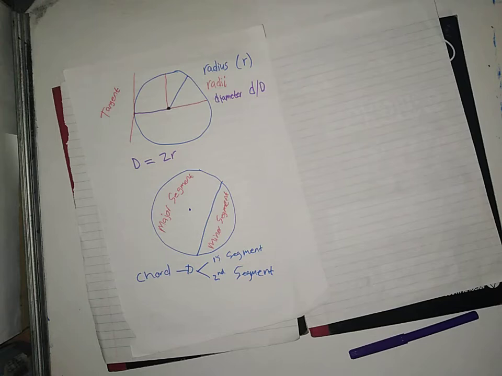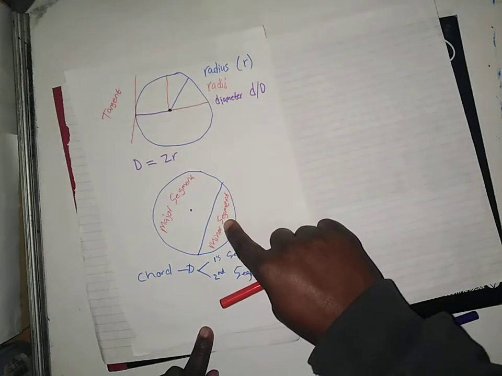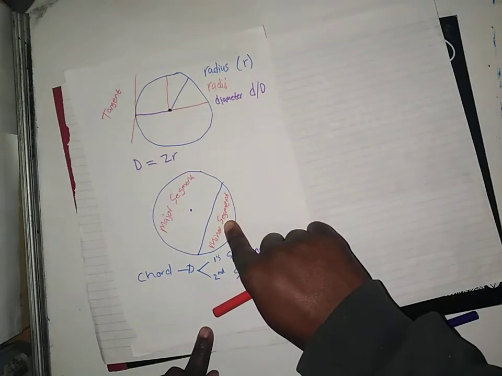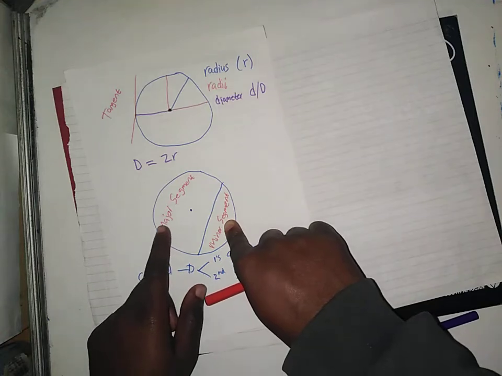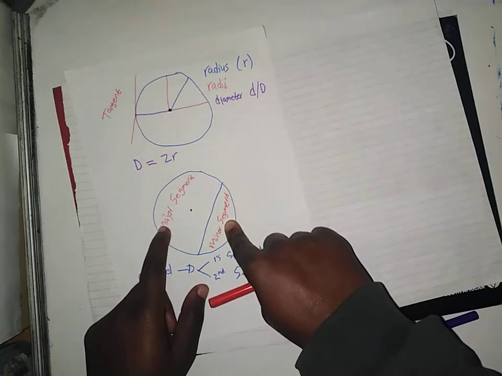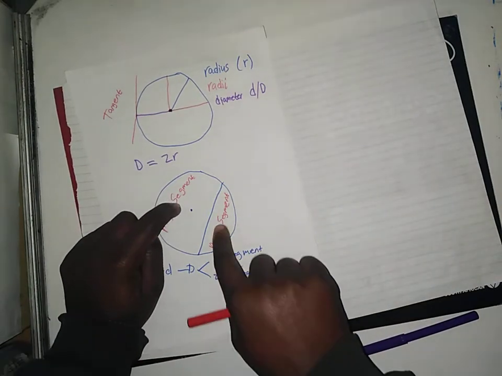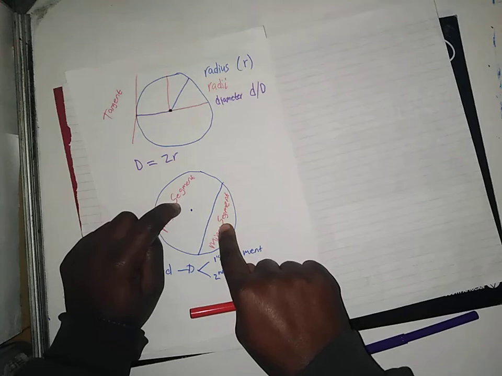So ladies and gentlemen, this is basically what we are referring to. Also, if you are standing in this segment, you don't necessarily have to call it a major segment, though it is a major segment. You can call the other one the other segment.